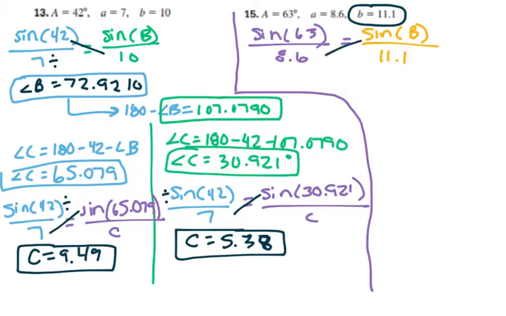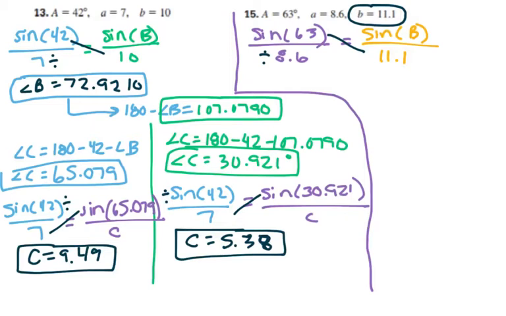And so we'll cross multiply, whoops, not that way, this way. And so we get sine of 63 times 11.1 divided by 8.6.